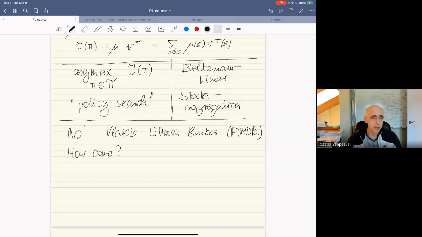The example is known as blind policy search.